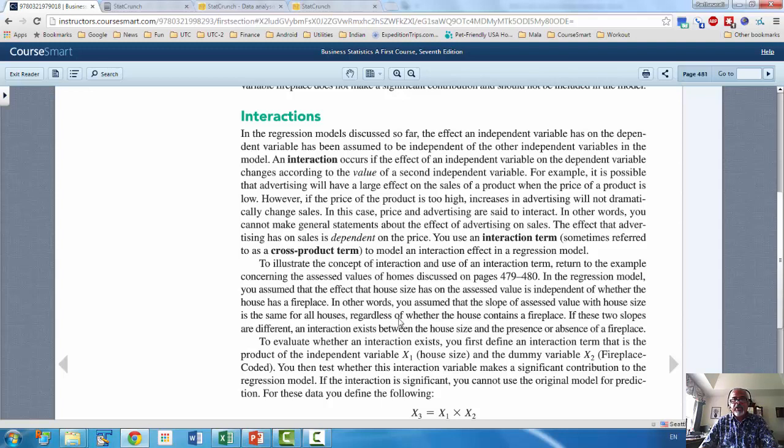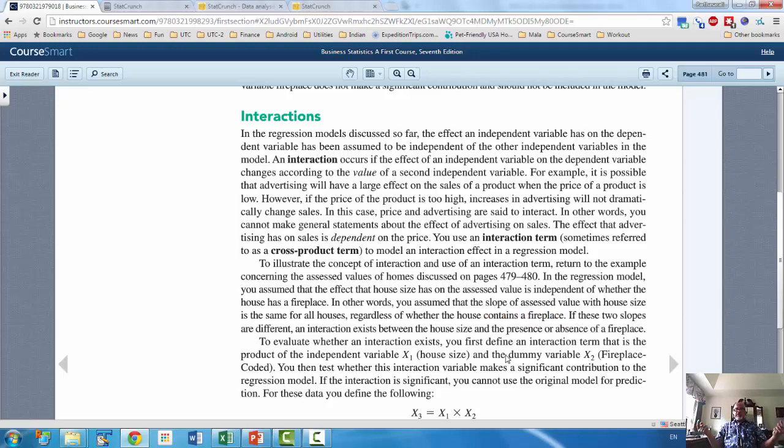So let's look at the house assessed value example. The dependent variable is assessed value, and the independent variables are the size of the house, and whether the house contains a fireplace or not.